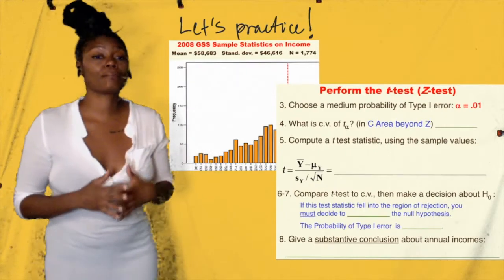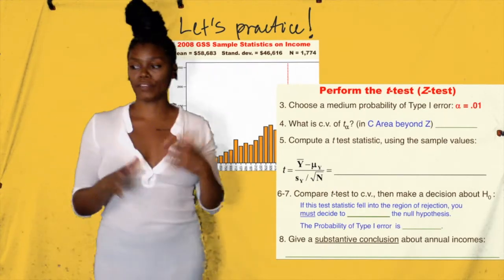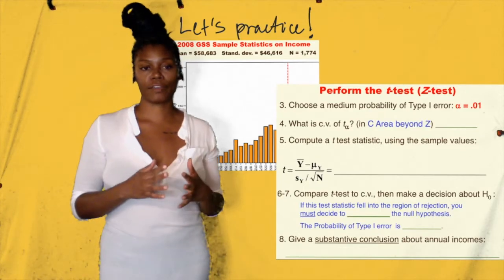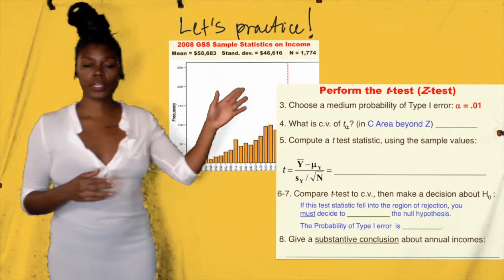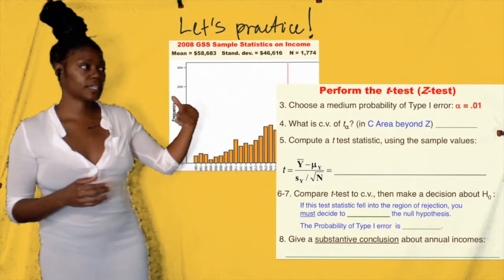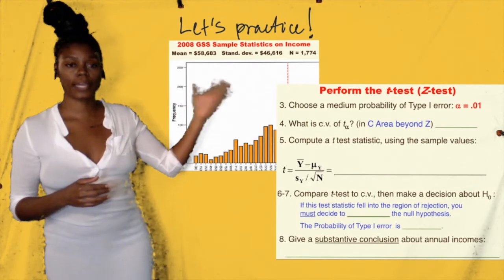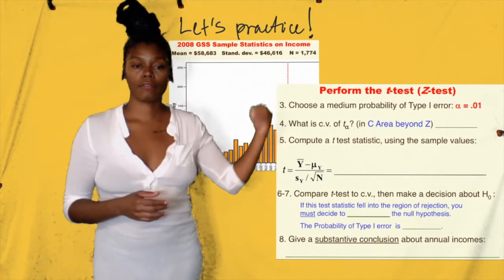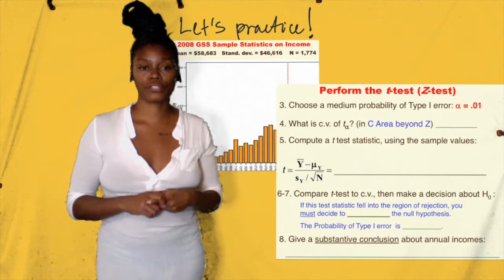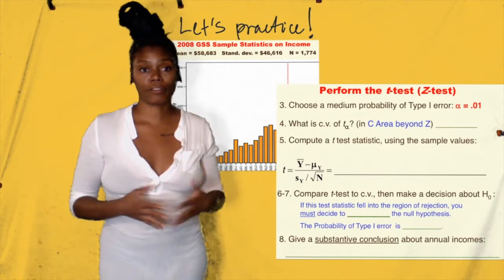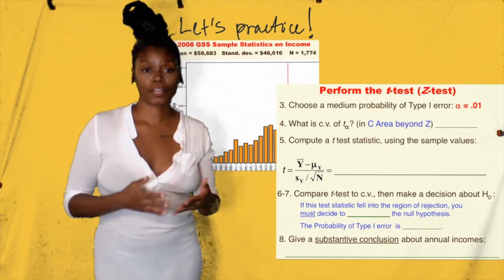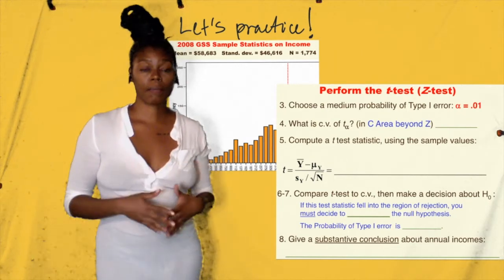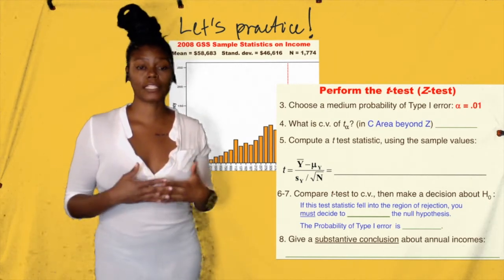Let's do some practice now because I have given you a lot of information. So this first one here is a hypothesis about median household income. I've given you all of the sample statistics. You just have to identify a critical value of Z, calculate the t-score, and then come up with your probabilistic conclusions.